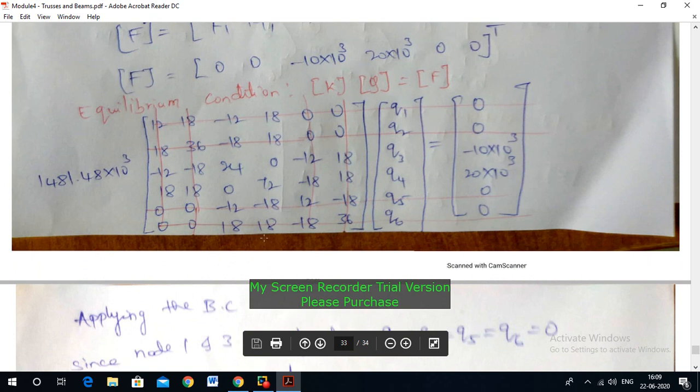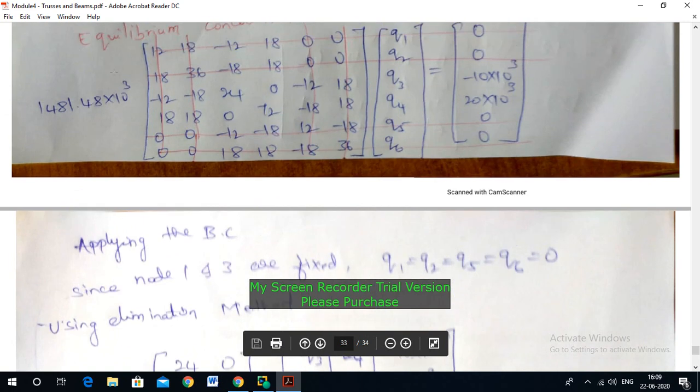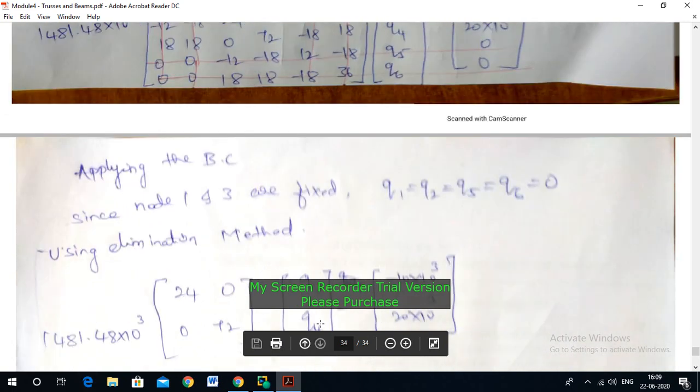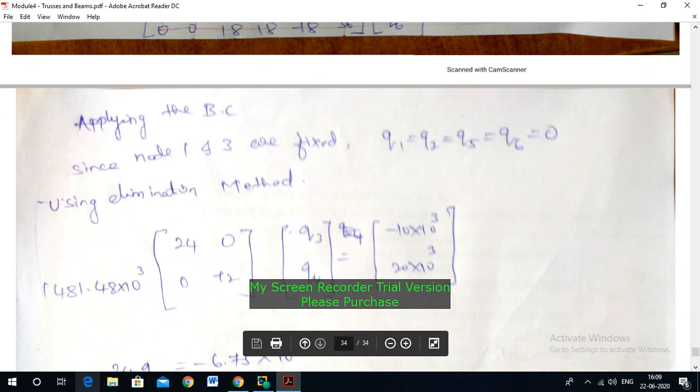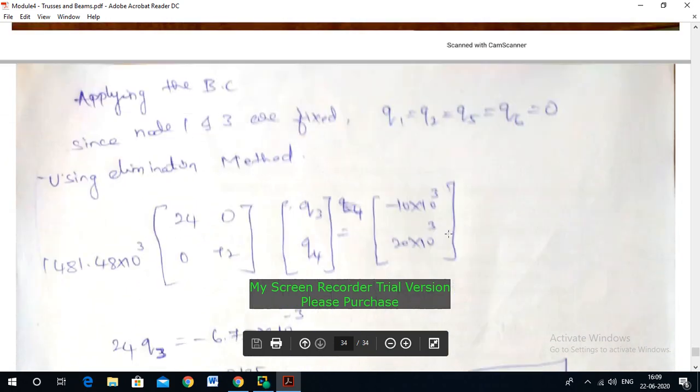I will eliminate first row first column, second row second column, fifth row fifth column, and sixth row sixth column. Remaining, I will get 24 0 0 72, 24 0 0 72 into 1481.48 into 10 power 3, Q3 Q4 equal to the remaining values in the force vector: minus 10 into 10 power 3, 20 into 10 power 3.